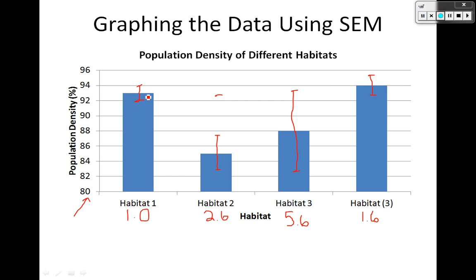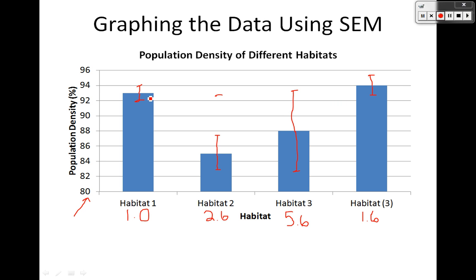So because there's overlap, meaning on any given day, we could take 5 trials and get a mean that is lower than Habitat 1, that's not a significant difference. So a conclusion we would have to make here is that while Habitat 1 and Habitat 3 are significantly more dense than Habitat 2, they are not significantly more dense than each other.